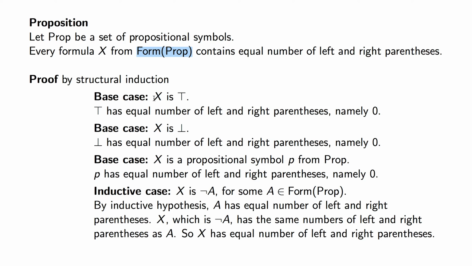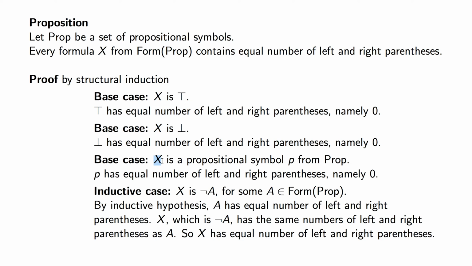So the first base case: if X is the truth constant true, then it has equal numbers of left and right parentheses, namely 0. If X is a truth constant false, again we have equal number of left and right parentheses, namely 0.